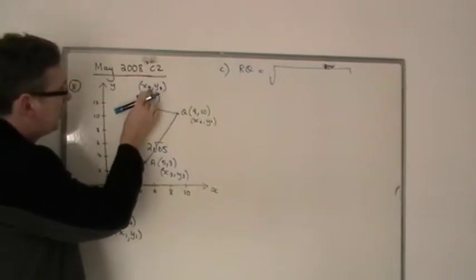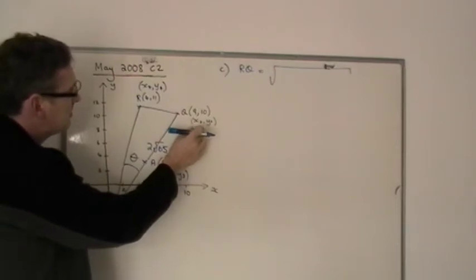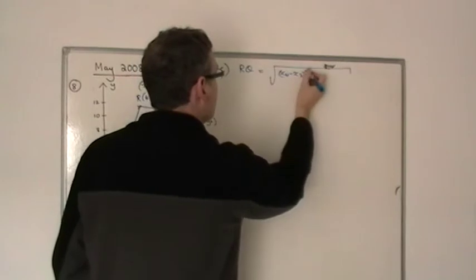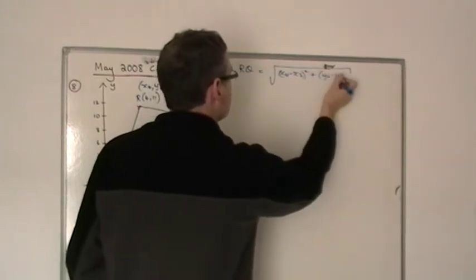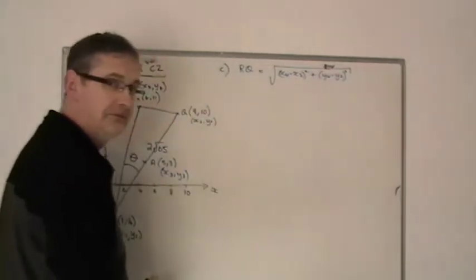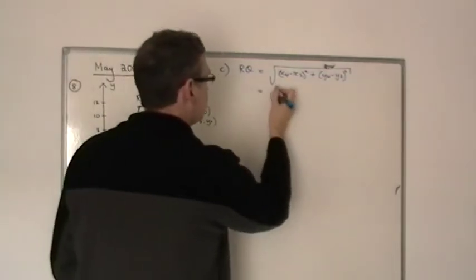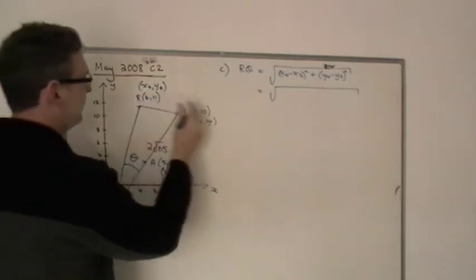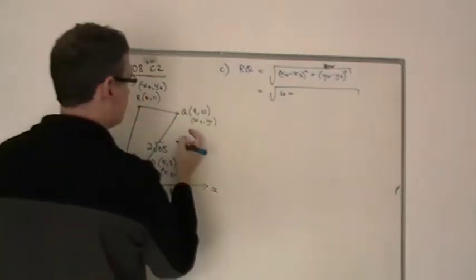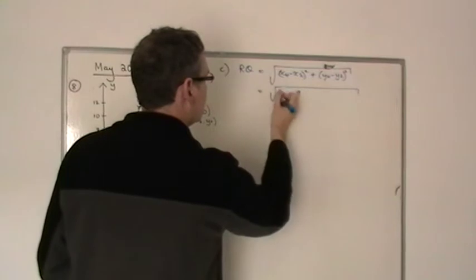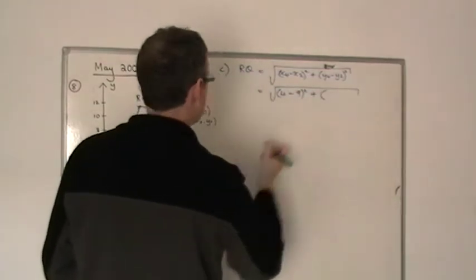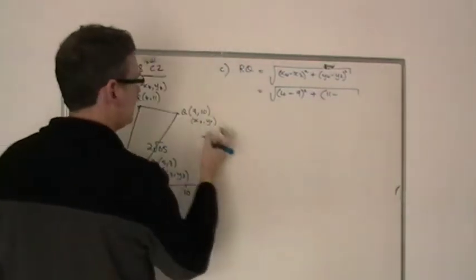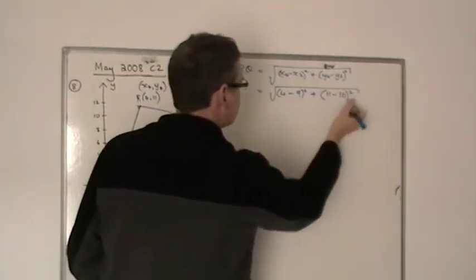That's x4 minus x2 squared plus y4 minus y2 squared, equals the square root of 4 minus 9 in a bracket squared plus 11 minus 10 in a bracket squared.